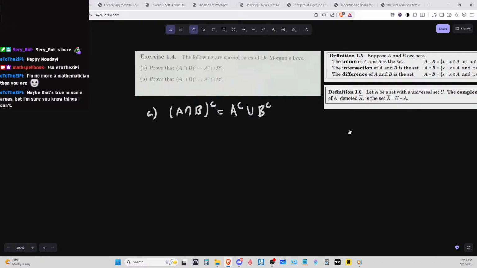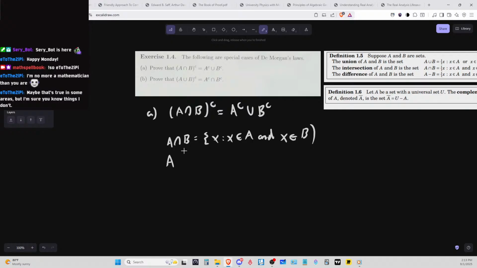Okay, so I think what we should know is that for the intersection, this is probably the scratch work I'm doing beforehand. So A and is an element of B.